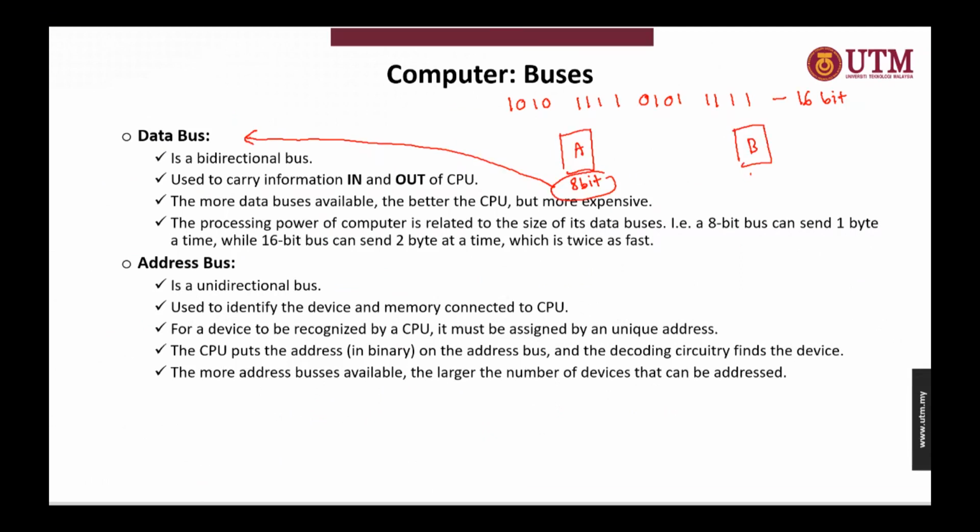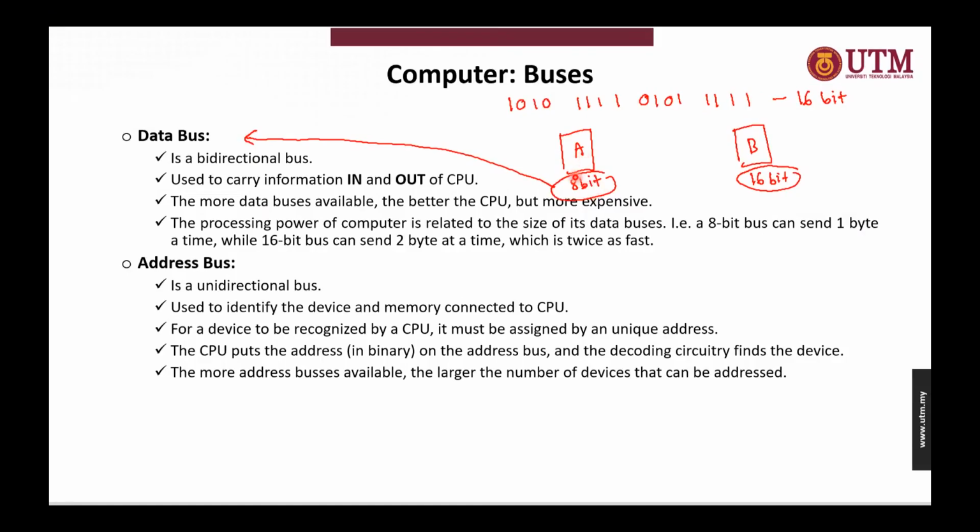Okay, and processor B is a 16-bit processor. This also refers to the size of the data bus. Now we have a 16-bit number. If we use processor A, what happens?